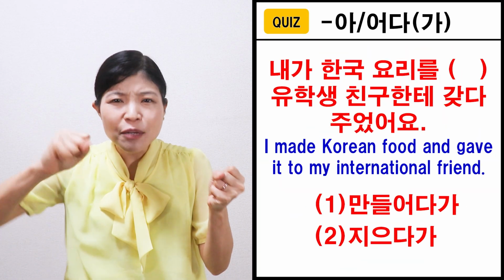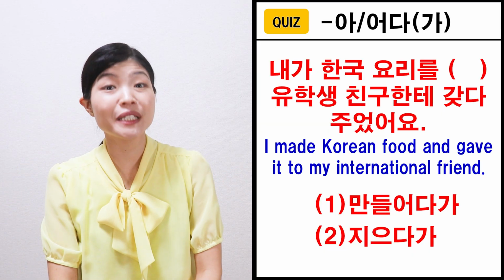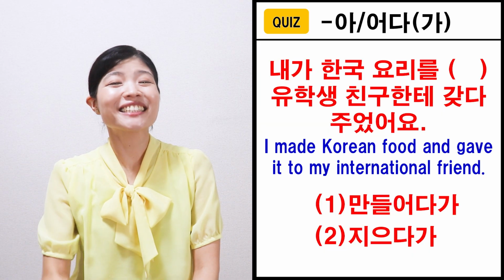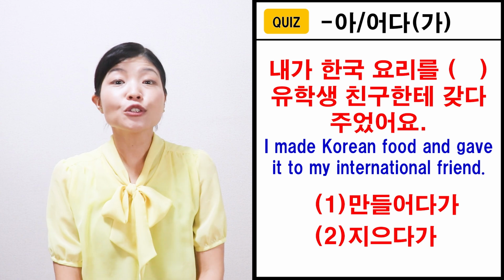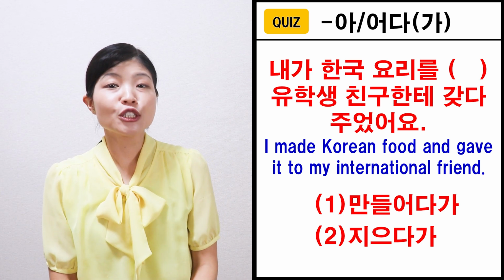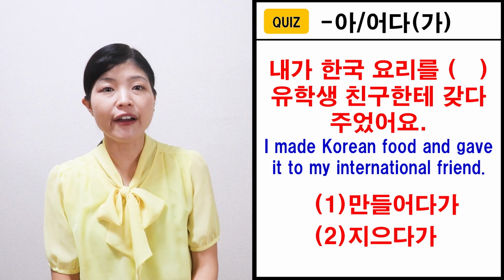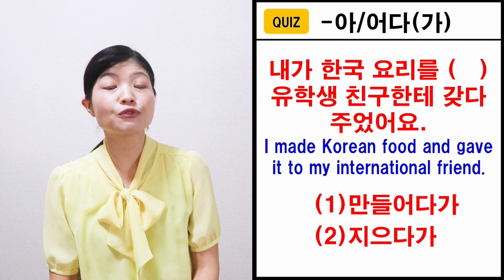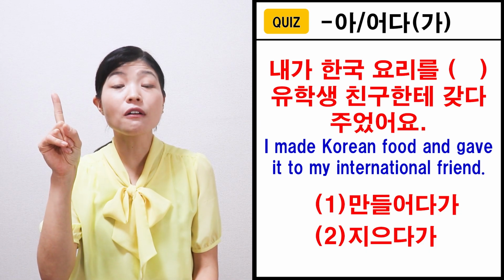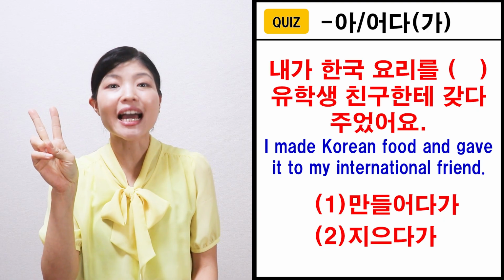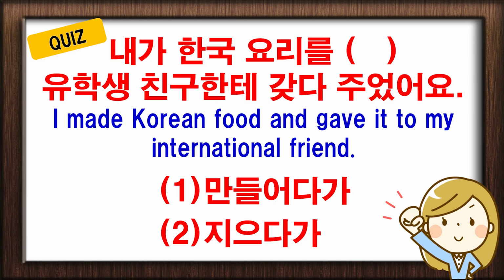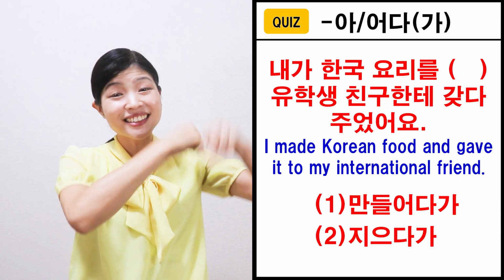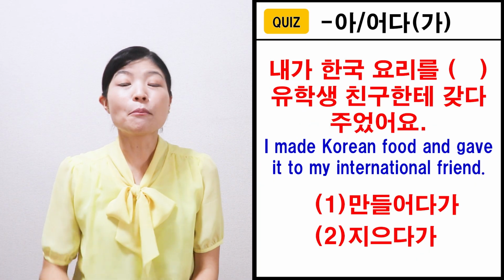Then let's deepen our understanding with some quizzes. Which one is the correct answer? 내가 한국 요리를 유학생 친구한테 갖다 주었어요. I made Korean food and gave it to my international friend. Number 1, 만들어다가. Number 2, 지으다가. The correct answer is number 1.